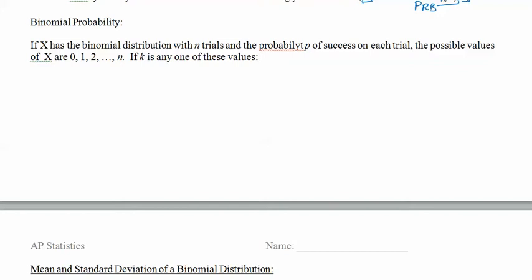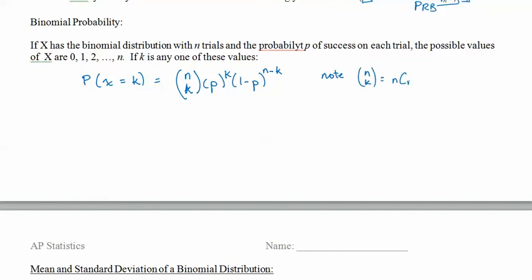If k is any one of these values, then the probability of x being equal to k equals n choose k, times p to the k times 1 minus p to the n minus k. And remember, n choose k means the same as nCr. Sorry, not r. We'll use k in these notes.